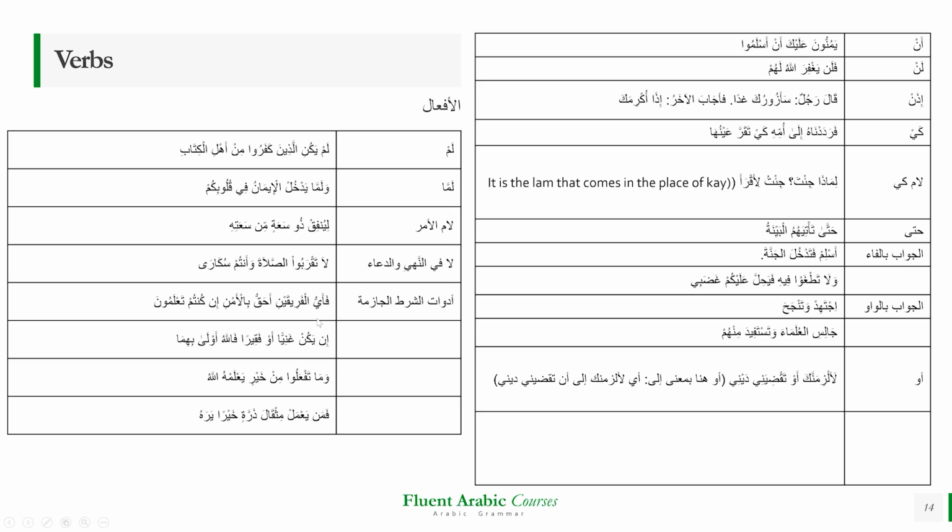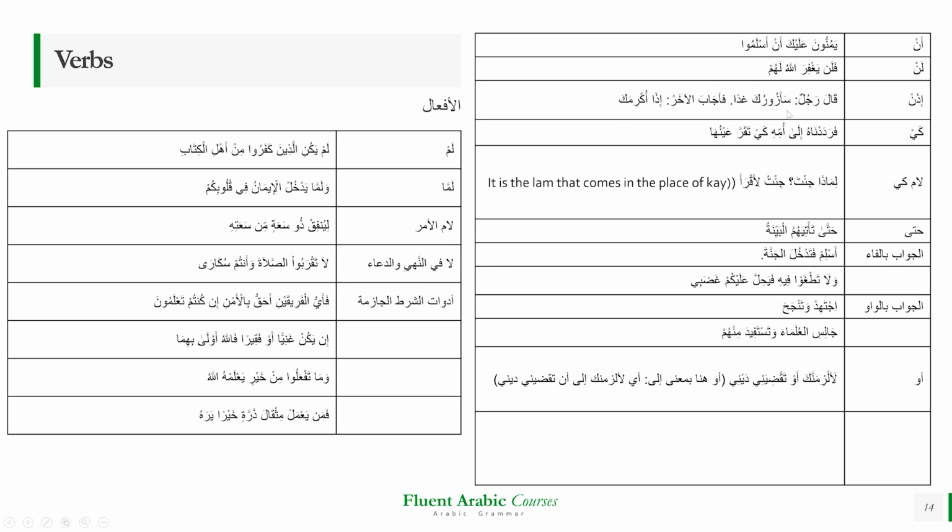So these particles, all of them, they give the state of jazm. فأي الفريقين أحق بالأمن إن كنتم تعلمون. إن يكن غنيا أو فقيرا فالله أولى بهما وما تفعلوا من خير يعلمه الله فمن يعمل مثقال ذرة خيرا يره. So these are the examples for the jawazim.